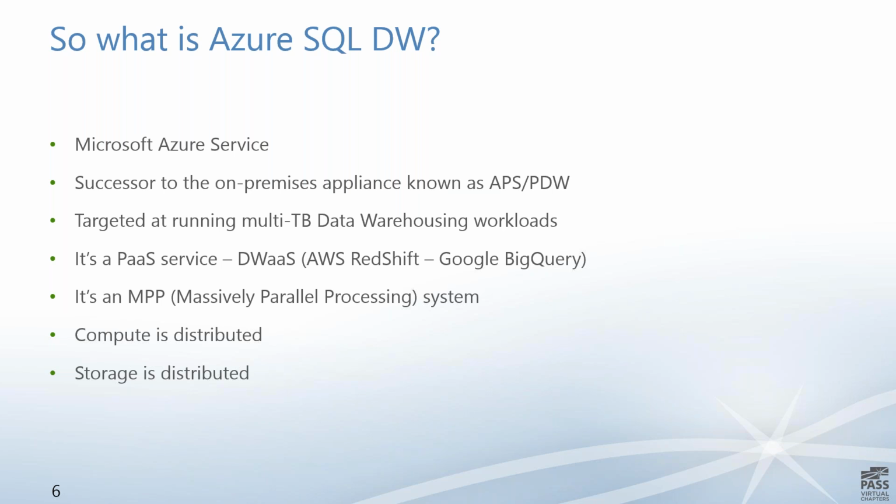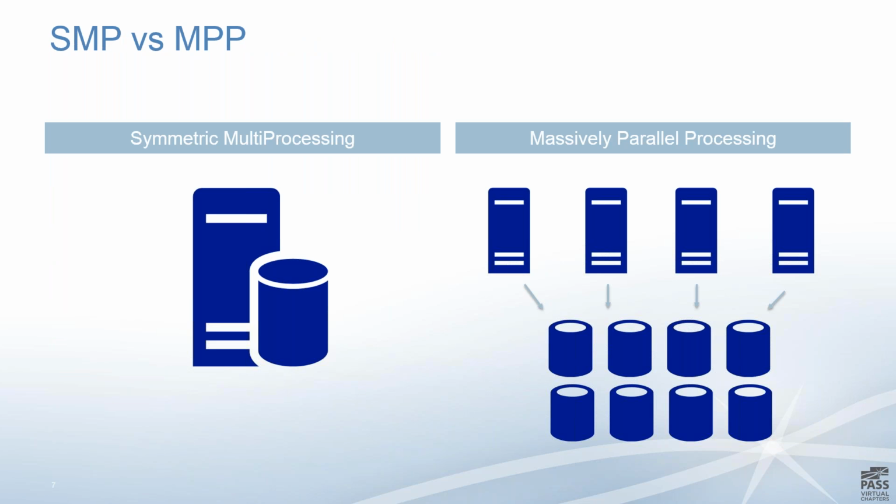In this case, with Azure SQL DW, compute is distributed, so each node has its own memory and its own CPUs, and storage is distributed as well. So the storage layer is independent from the amount of compute that you get, right? And then we're going to go into detail on the slides as to how that's architected.